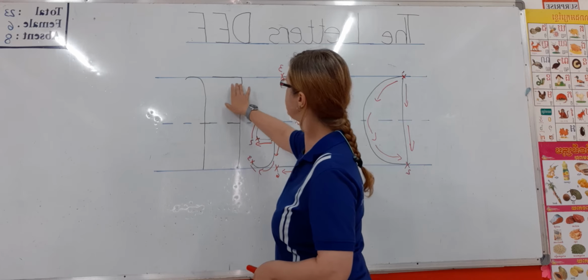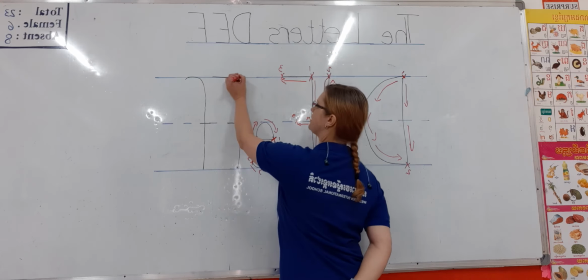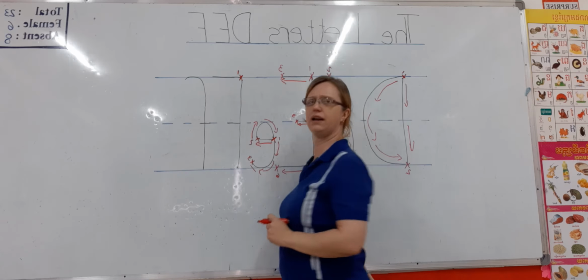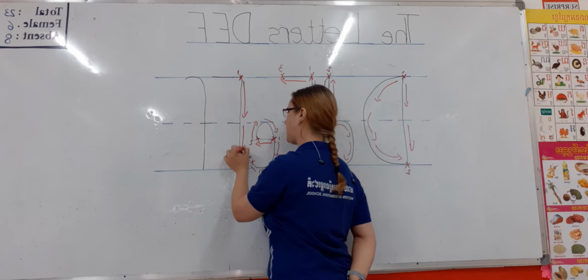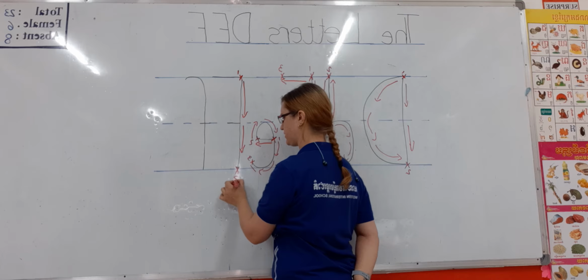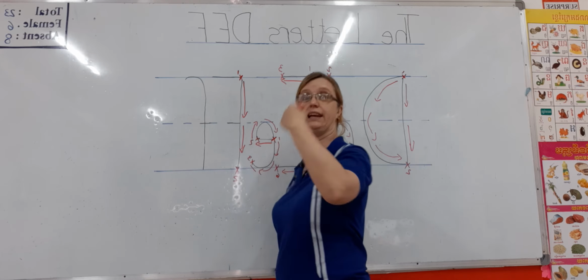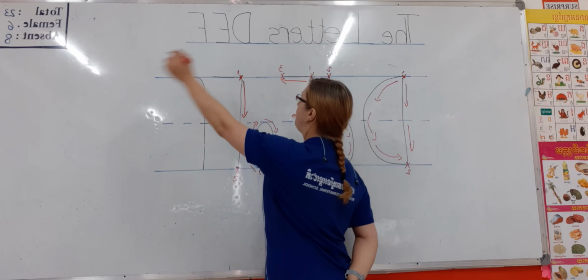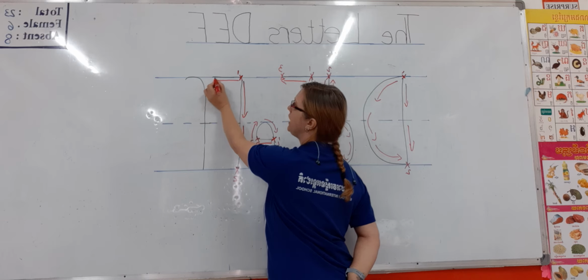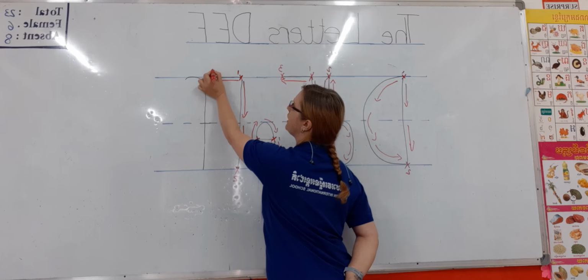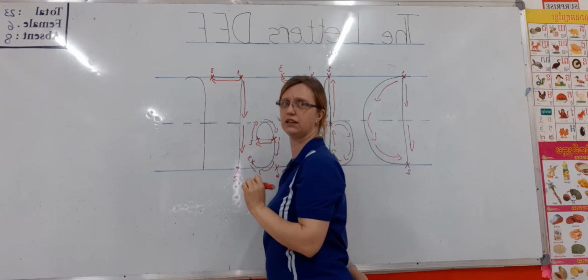Okay, uppercase F, you're going to start at point number 1 at the top there, and you're going to make a line all the way down to the bottom there. You're going to lift your pen. Go back to the top, same as you did with letter E, and you're going to make a short line to the right, and that's point 3.